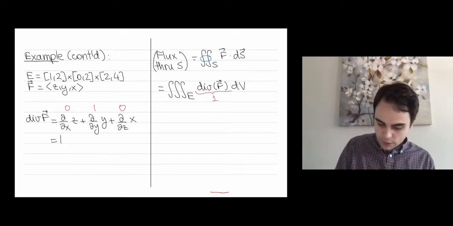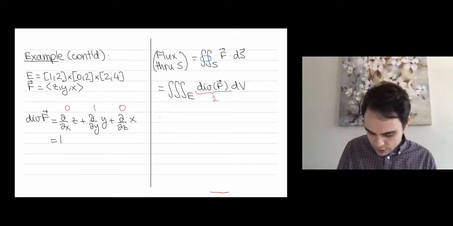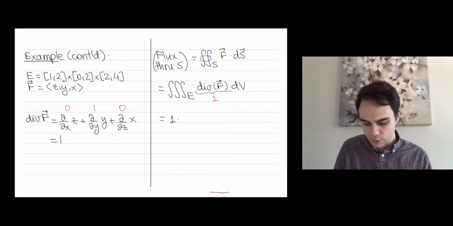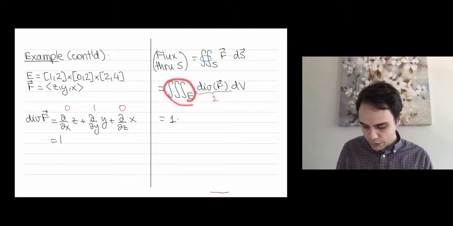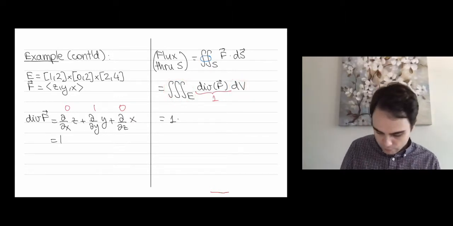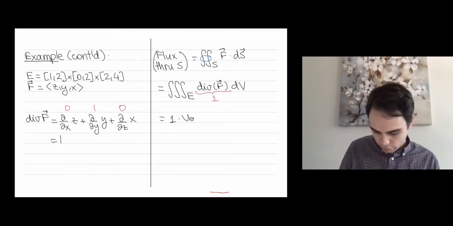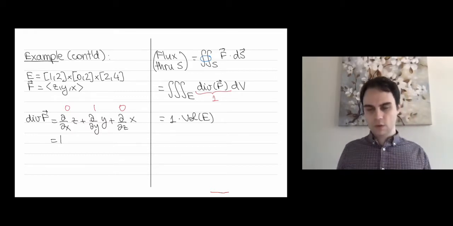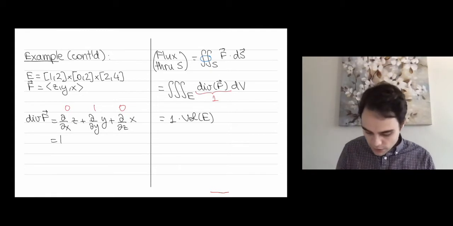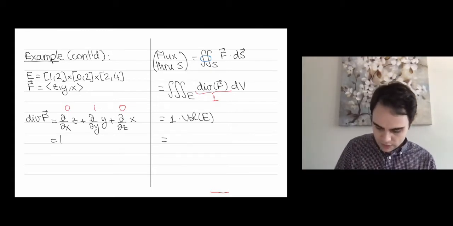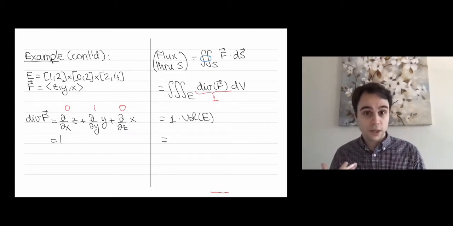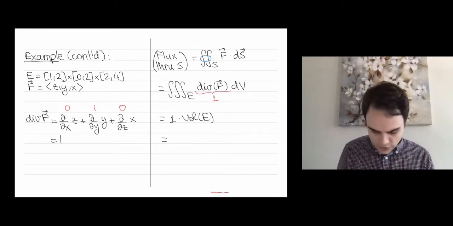And therefore, the flux is just 1 times the integral of dV. This 1 comes out. The triple integral of dV is just the volume of E. And the volume of E is pretty easy. It's just the product of the lengths of the sides.